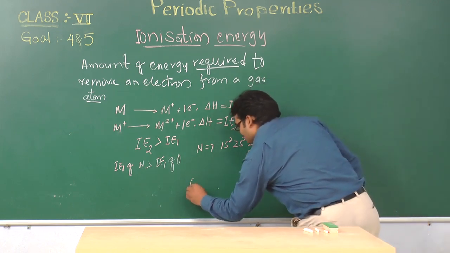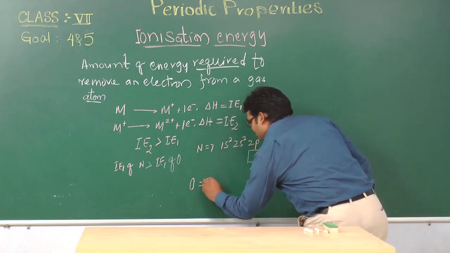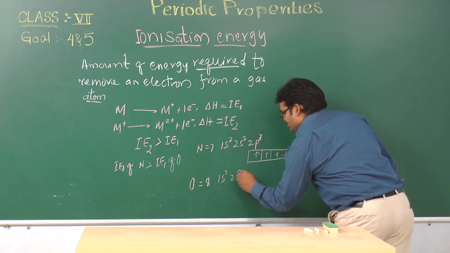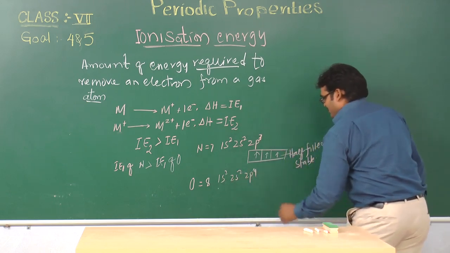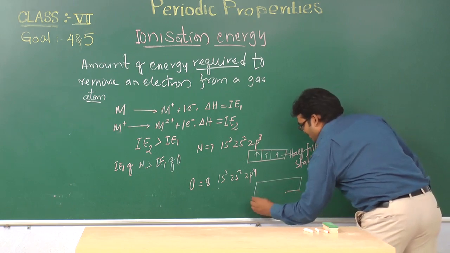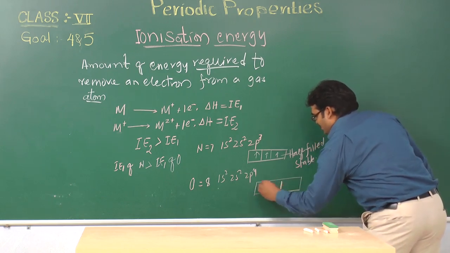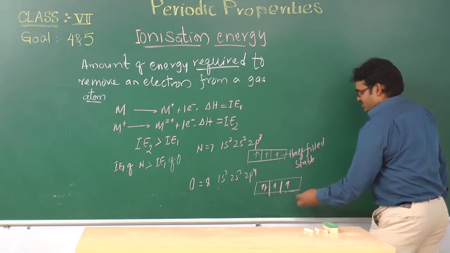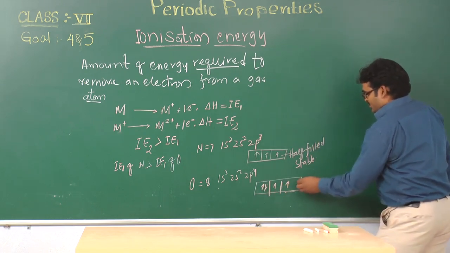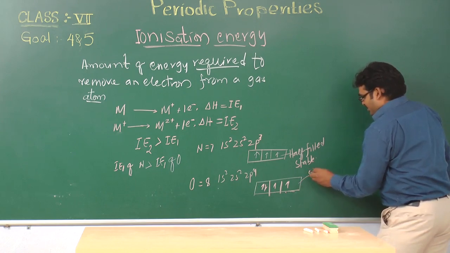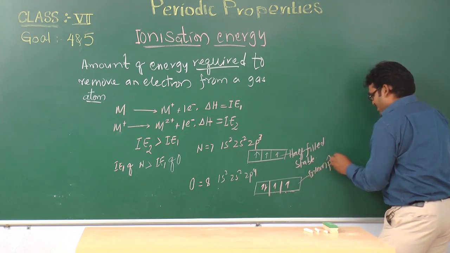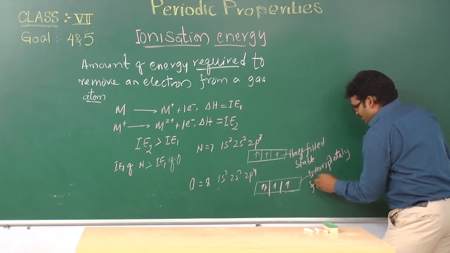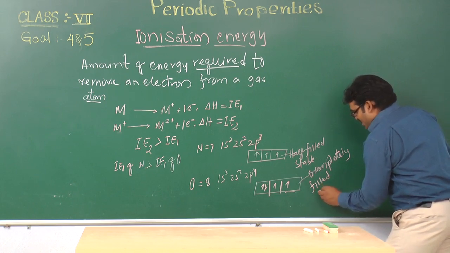When we come to oxygen, atomic number 8, 1s2, 2s2, 2p4, it is incompletely or partially filled. So, it is easier to remove an electron. Incompletely filled, therefore, it is unstable.